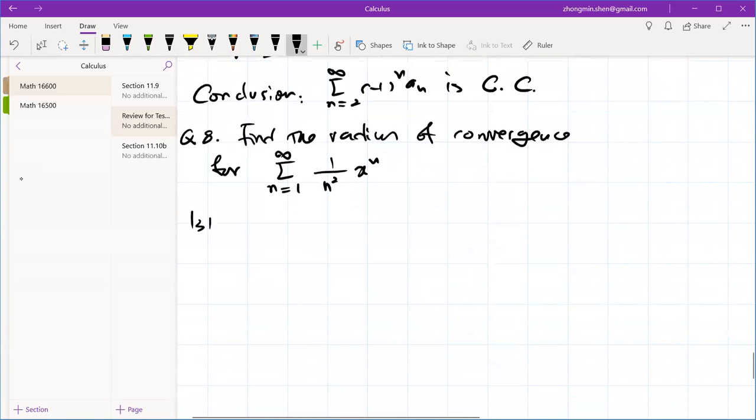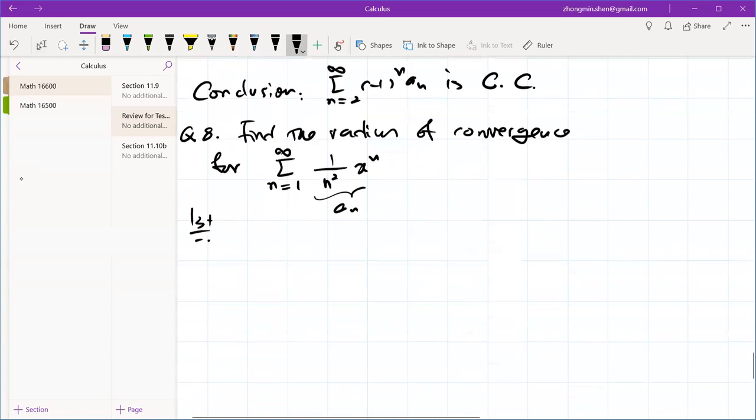The first method uses the ratio test. So this is your a_n. If I see n factorial, you cannot use the root test. If it's just n squared and cubed, I can use the root test too.